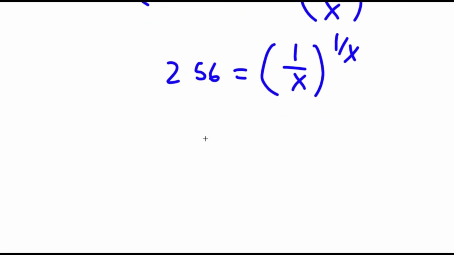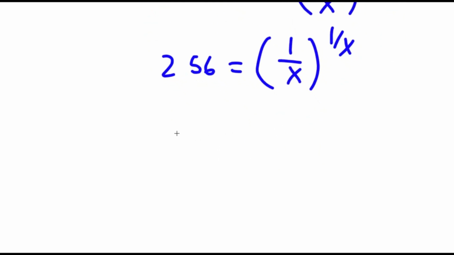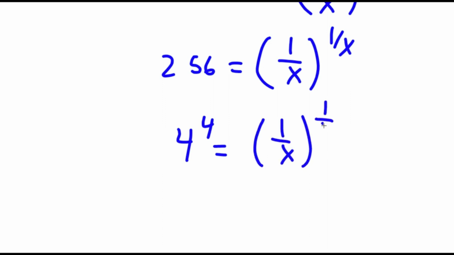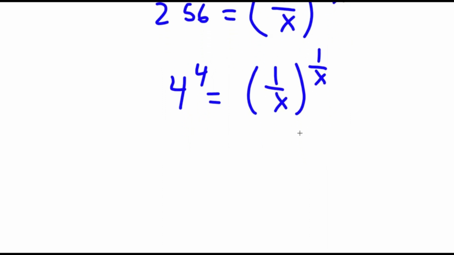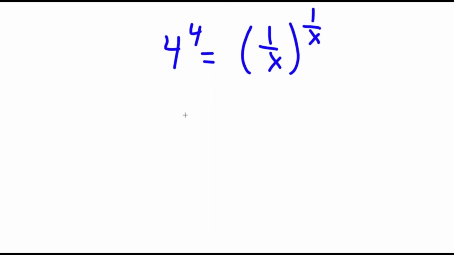And 256, that's the same thing as 4 to the power of 4. So I have 4 to the power of 4 is equal to 1 over x to the power of 1 over x. Now, if I have something in the form a to the power of a is equal to b to the power of b, this means that a is equal to b.